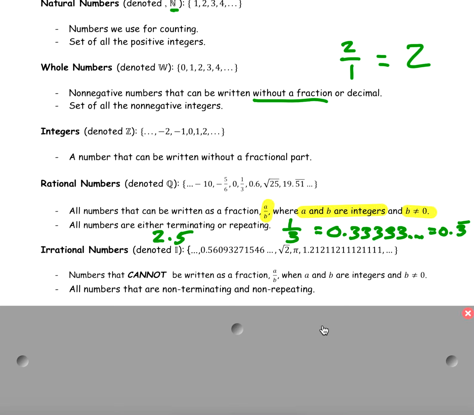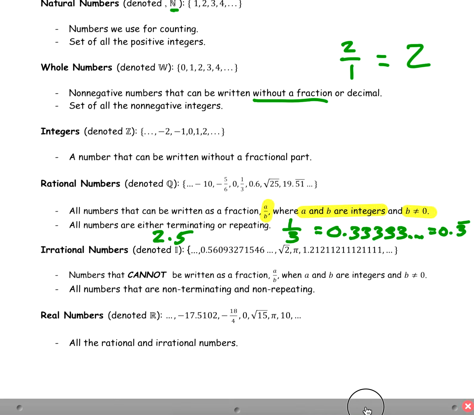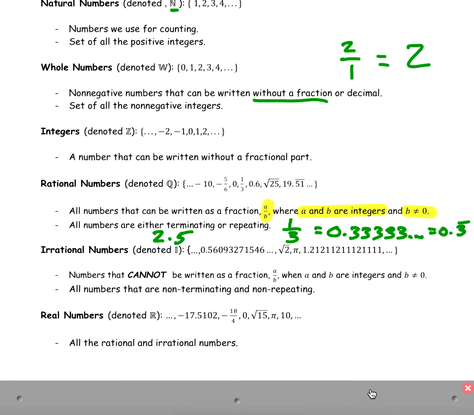If it's non-repeating, it could terminate like 2.5. So you would have to say it's non-terminating and non-repeating. That is denoted with capital I. And real numbers are denoted with capital R, and that is the set of every rational and irrational number.